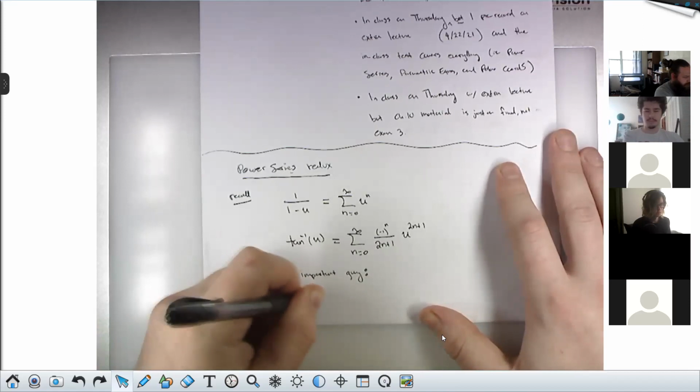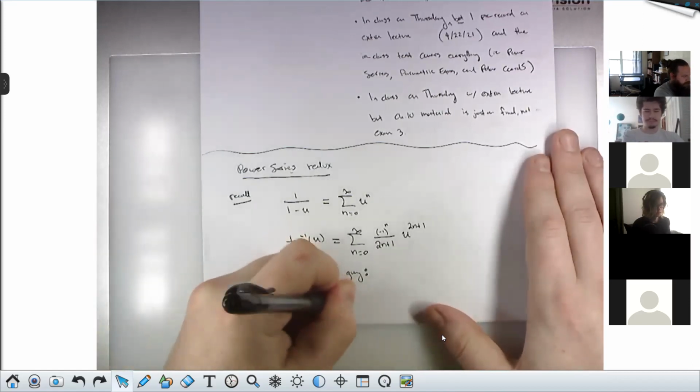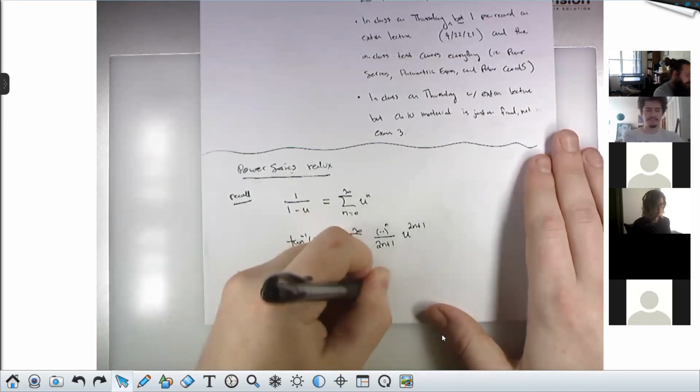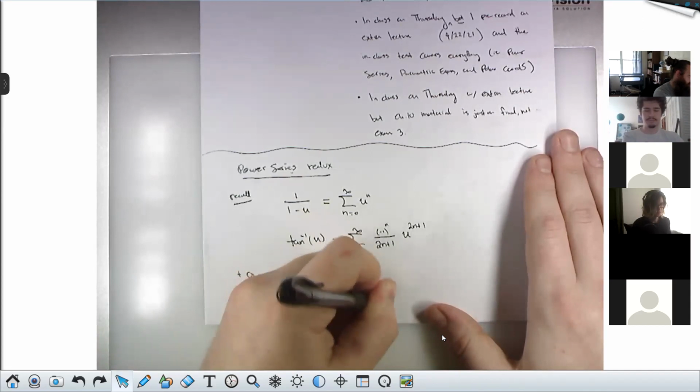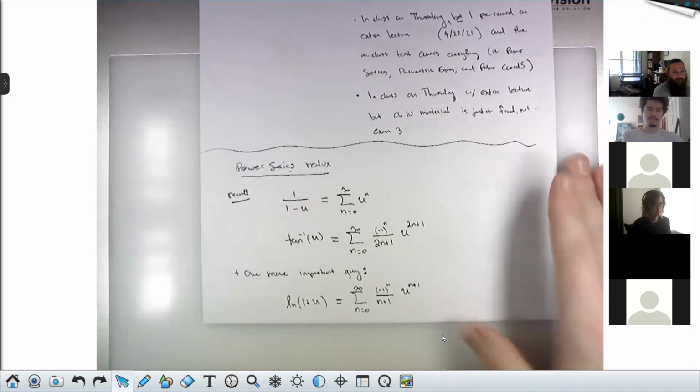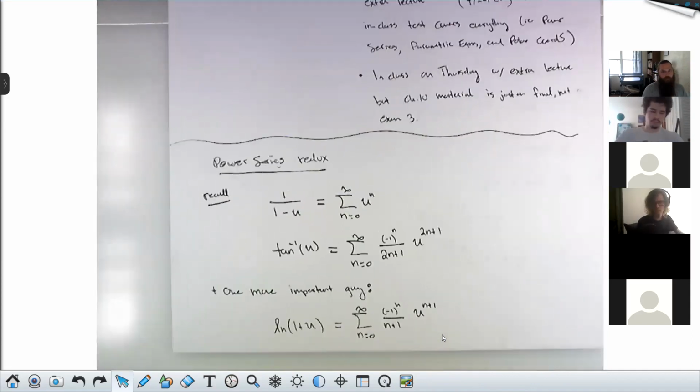The natural log of 1 plus u is sigma n from 0 to infinity, -1 to the n over n plus 1 times u to the n plus 1. And this is your list of 3 crucial power series that you have to remember from section 11.9. And the idea is you can use these as a starting point to find other series. So I'll work one or two little problems here, and then we're going to move on.